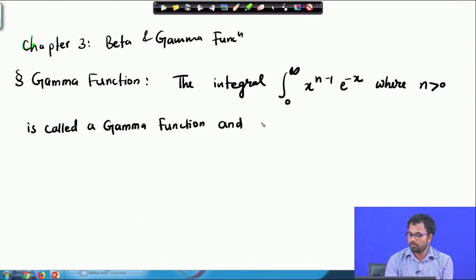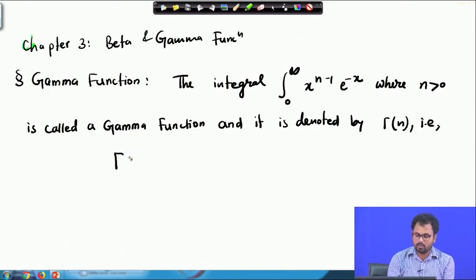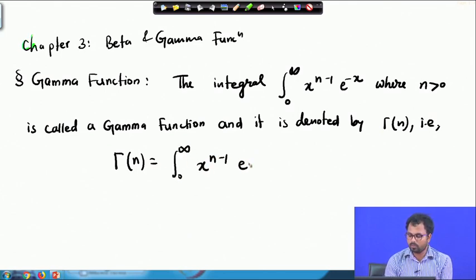It is denoted by gamma n, the Greek capital letter gamma. That is, we write gamma n equals the integral from 0 to infinity of x to the power n minus 1 e to the power minus x dx, where n is a positive real number.